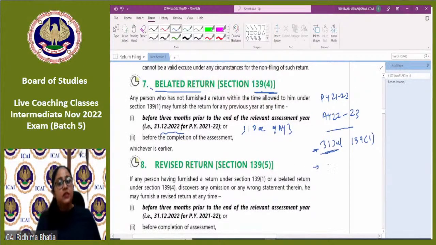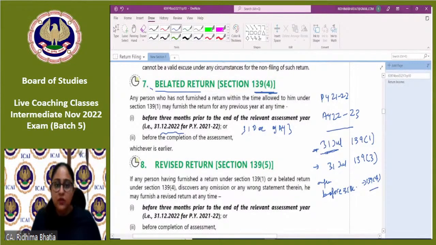If he files the return by 31st July, but the net result is loss, then the return would be filed under section 139(3). If he files the return after 31st July, but before 31st of December, then it would be 139(4).